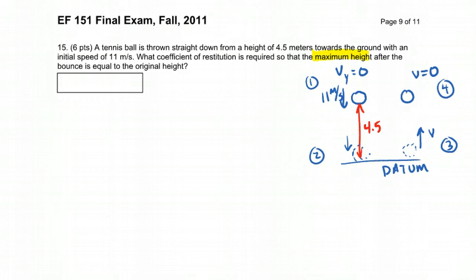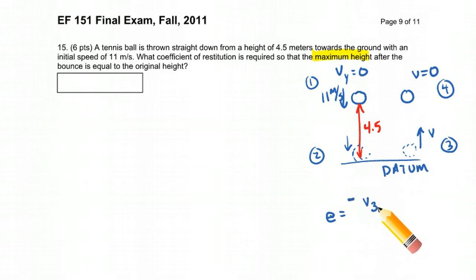We want to eventually get to where we find the coefficient of restitution. So that's what we're trying to find, and that applies during the collision, so that's actually dealing with the velocity 2 and velocity 3. So let's write our coefficient of restitution equation so we know what we're after here, and that's going to be the velocity of the ball after the collision, which we called v3, minus the velocity of the earth, which is effectively 0.